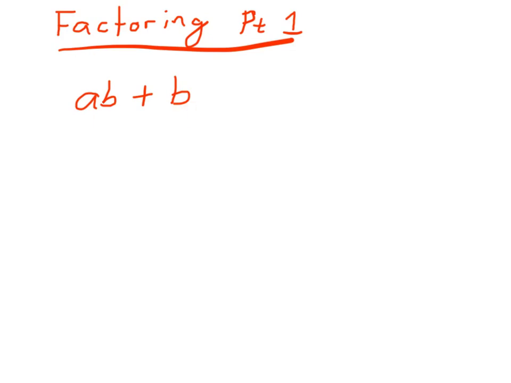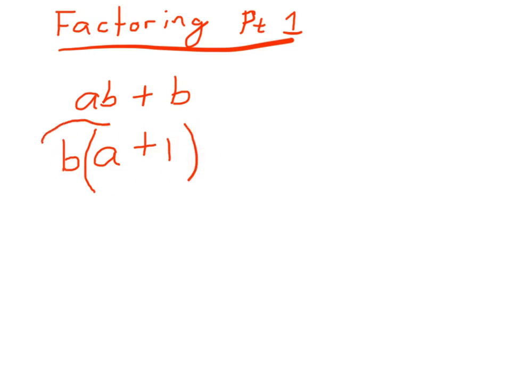The way we do that, we take the B and pull it out, and then times, well, if you take the B out of the AB, you're left with an A. If you take the B out of this part, you're left with just a 1, plus 1. And that's the answer.